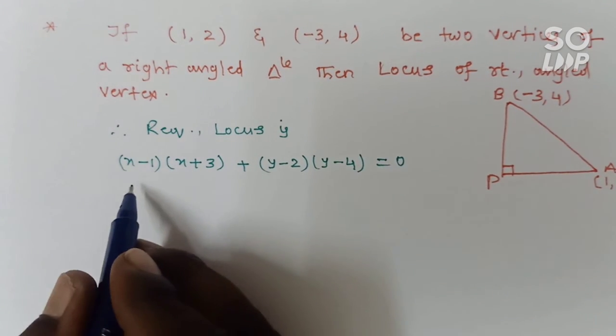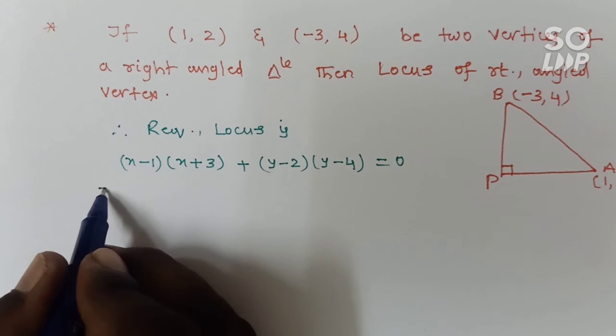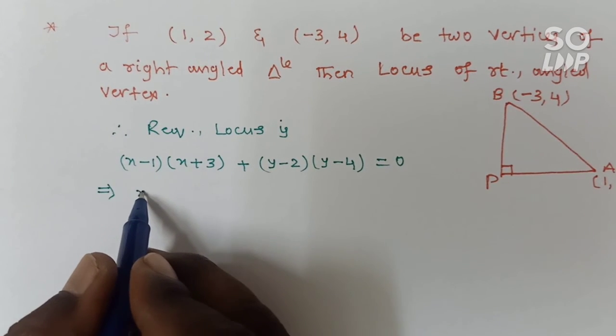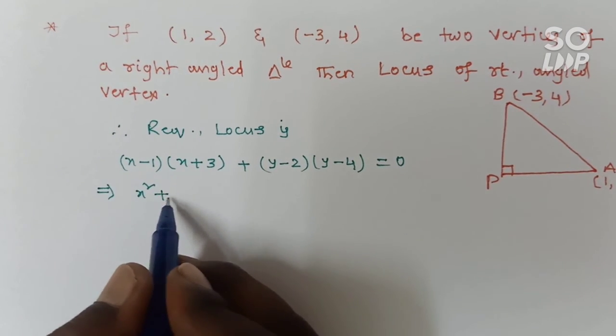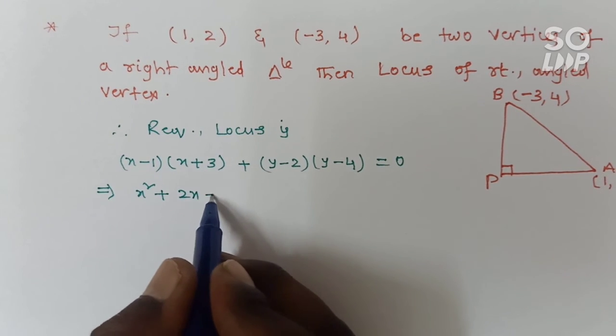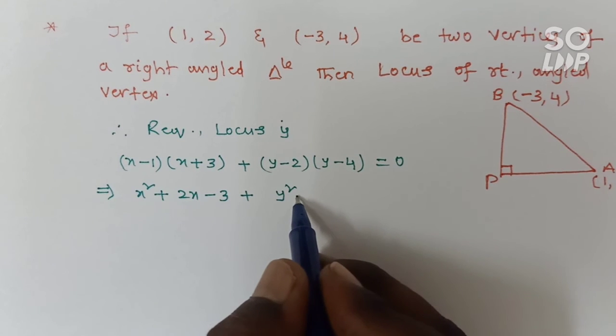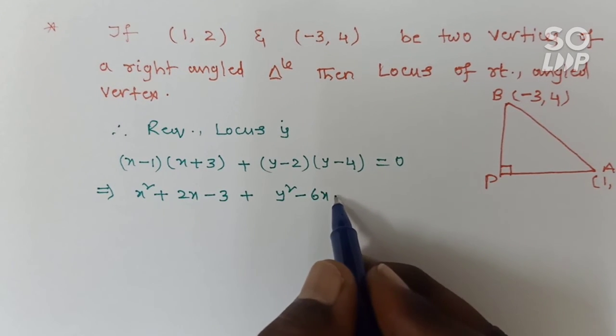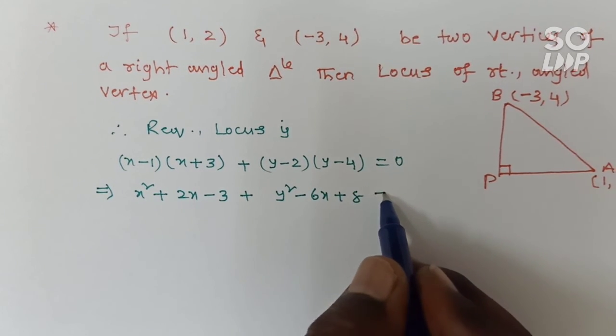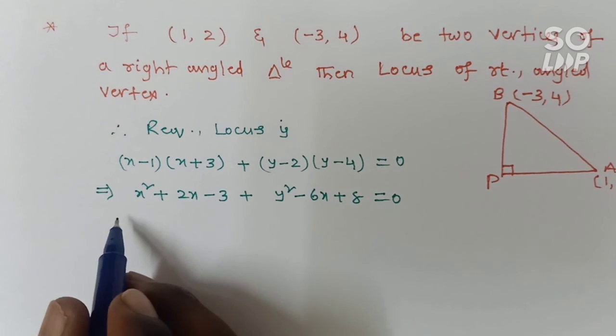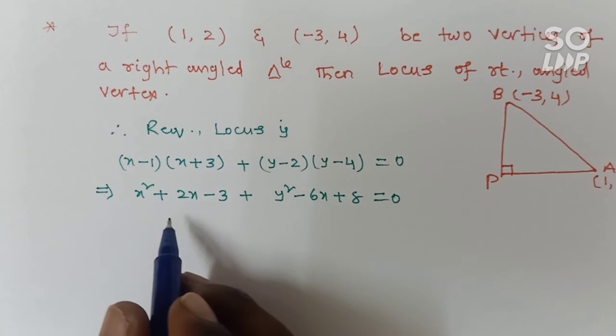Now by simplifying this, you will get x square plus 2x minus 3 plus y square minus 6y plus 8 is equal to 0. Write all the terms in the proper order.